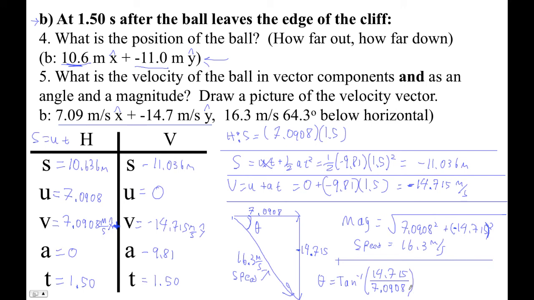So inverse tan of 14.715 divided by 7.0908 is 64.3 degrees. Okay, so if you draw this picture here, you label this 16.3 meters per second, this 64.3 degrees. If you do that, you are just golden.